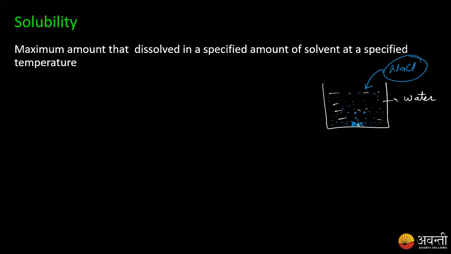Just before this precipitation started, the amount of NaCl which has been dissolved in this specified amount of water at a given temperature is called solubility.